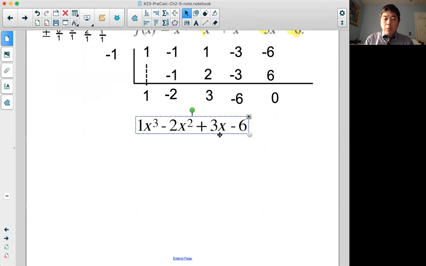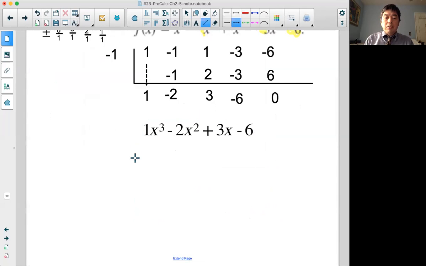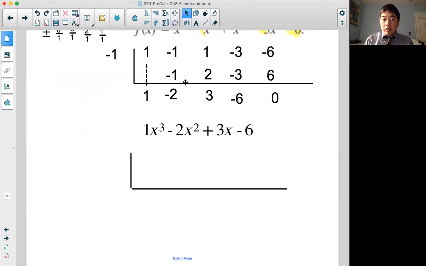Now we're going to factor this if we have more of those. We're going to create the synthetic division here based on these coefficients. No skipping numbers. So I use this information.